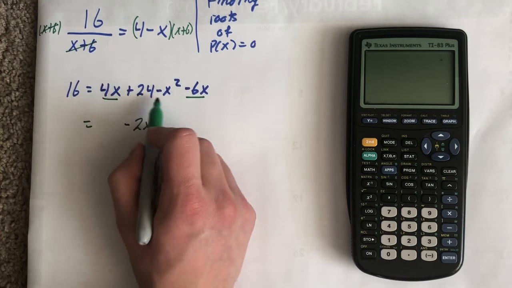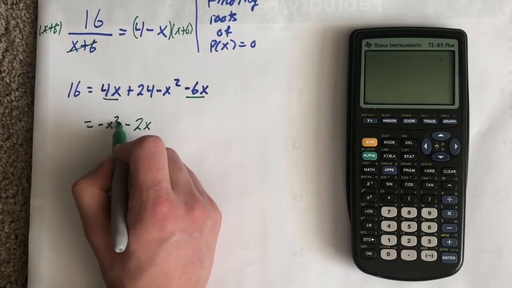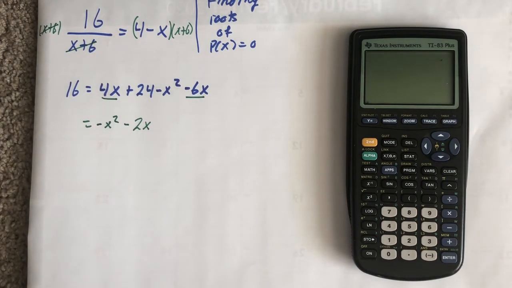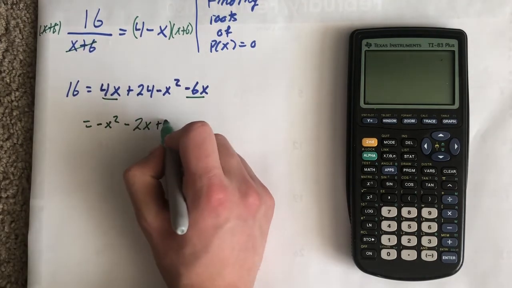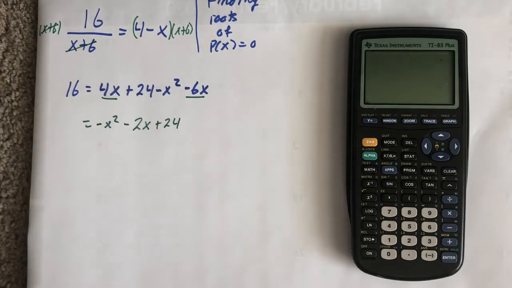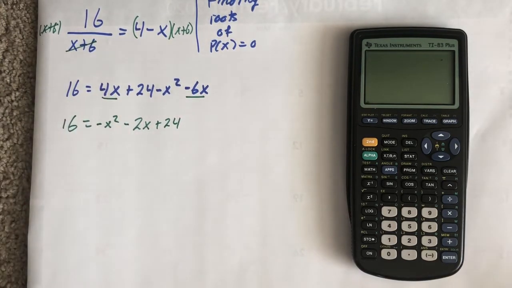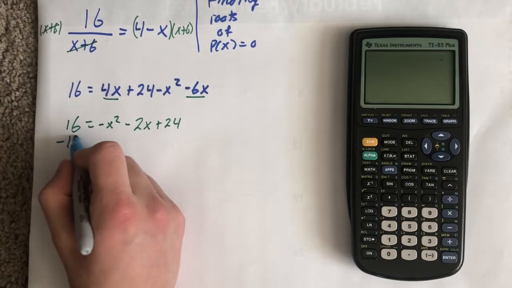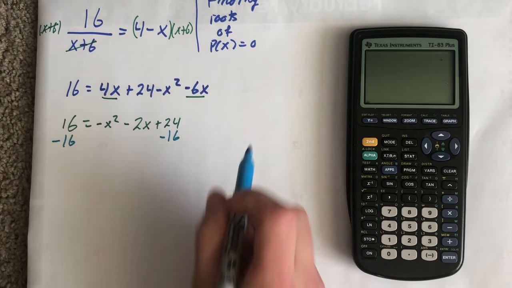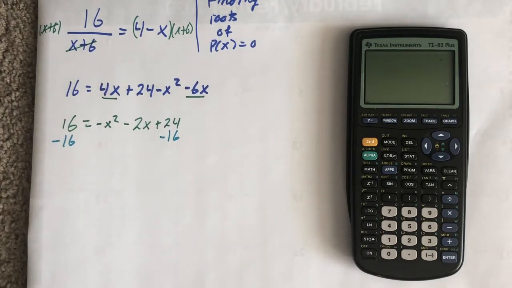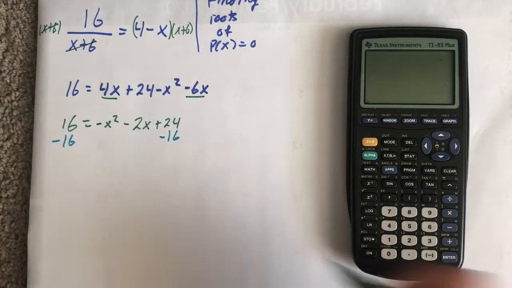I'm going to bring this negative x squared over here, just to put it at the front. And then I have positive 24. I'm just rearranging my equation to make it look a little nicer. And then 16 hasn't gone anywhere yet. Now at this point, I'm going to subtract 16 from both sides. That's going to allow me to combine those like terms of 24 and negative 16.